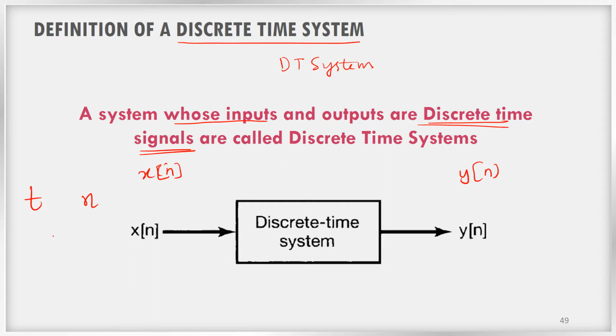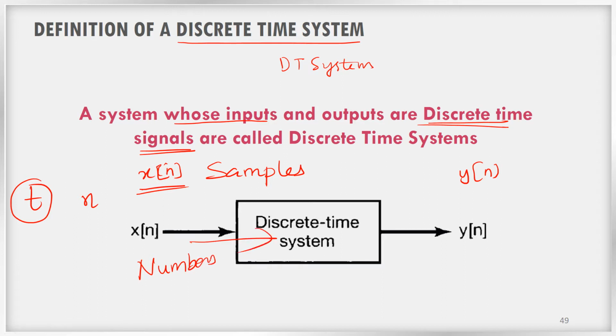Here, the time domain signal, which is varying continuously in time, is discretized. Now we are considering only sample values. Otherwise we can say that some numbers are going inside this system, those numbers are processed, and we are getting some numbers as the output. So this should be a mathematical implementation.